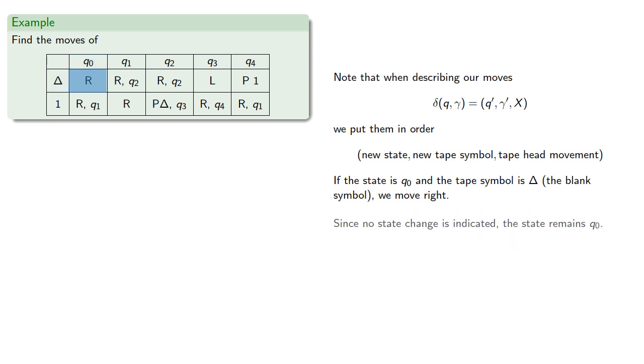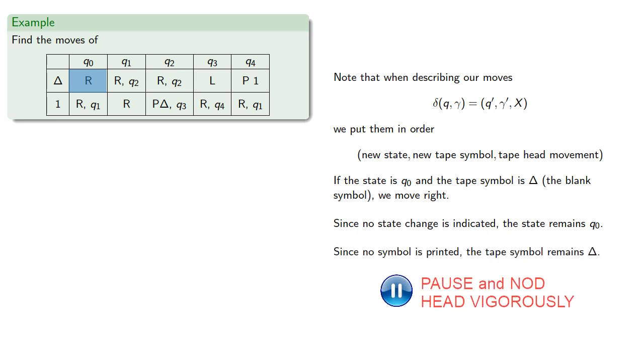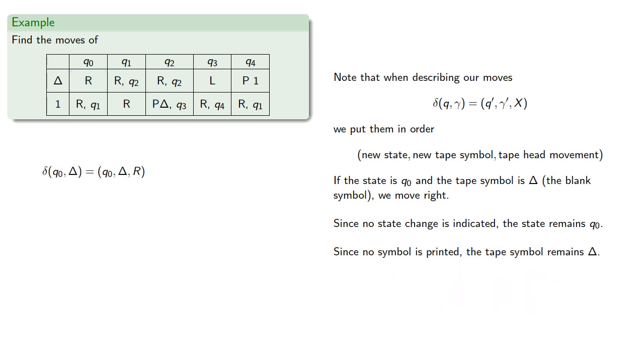Since no state change is indicated, the state remains Q0. And since no symbol is printed, the tape symbol remains the blank symbol. So delta of Q0 blank is Q0 blank R.